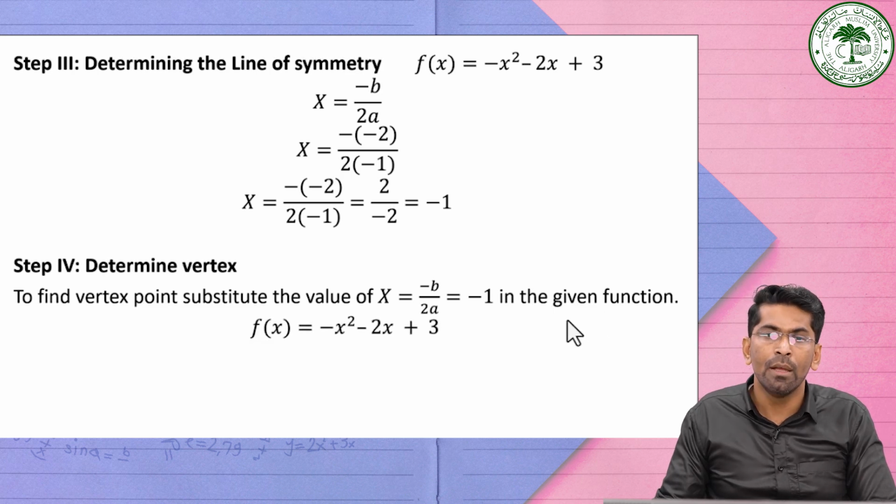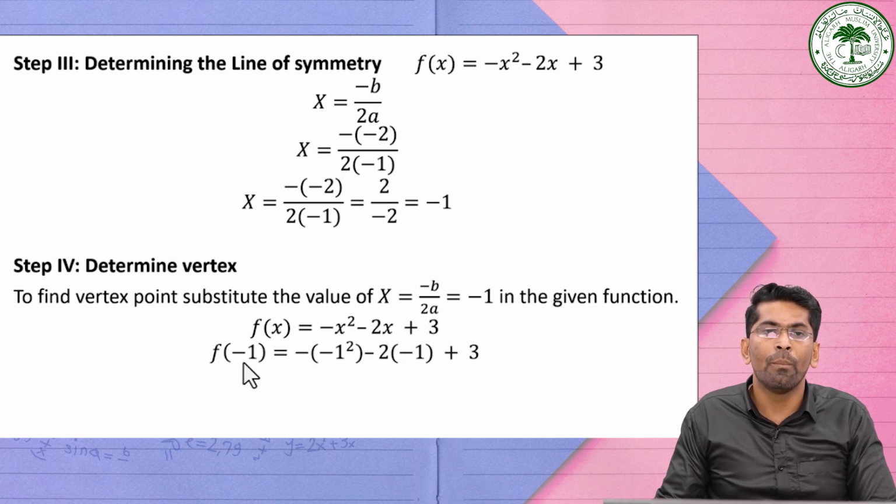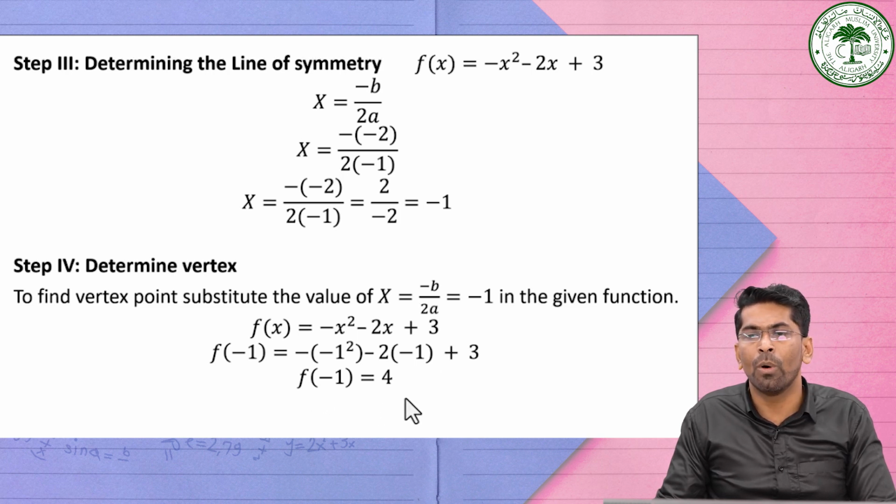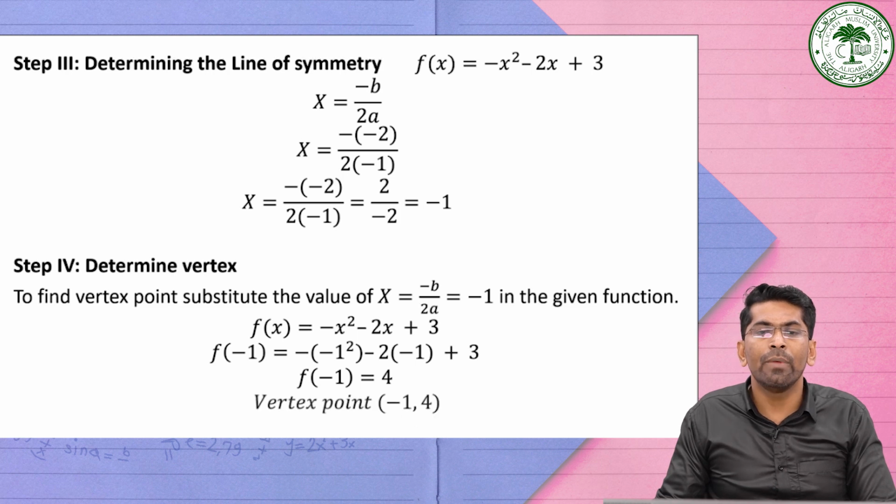So minus 1 square minus 2 into minus 1 plus 3. If you simplify it, you will get 4. So f of minus 1 is equal to 4. So the vertex point is minus 1, 4. When x is equal to minus 1, the parabola has its maximum point, that is y is equal to 4.